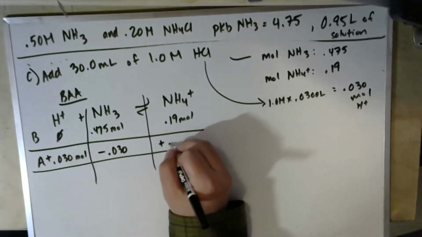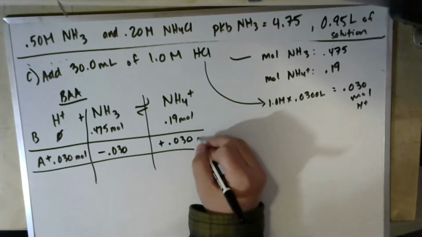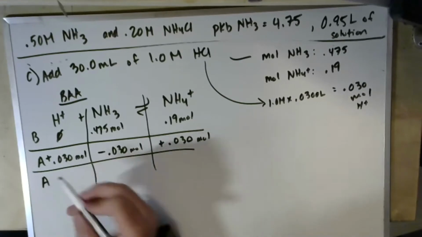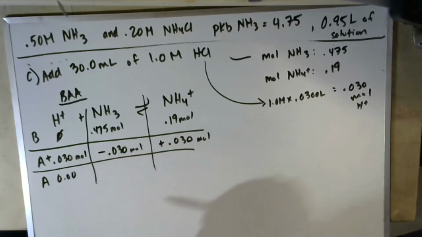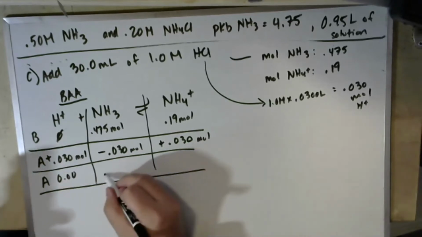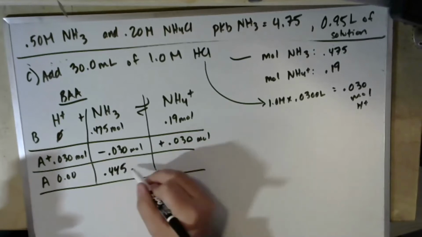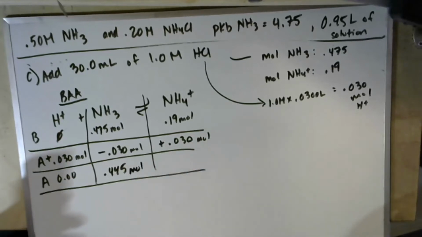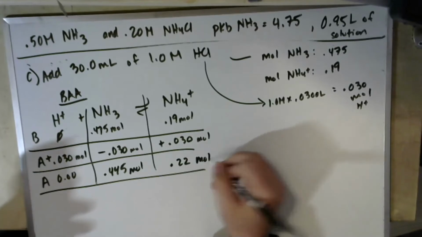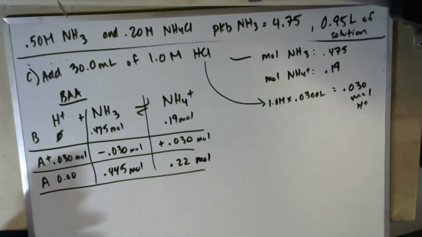So that's going to be plus 0.030. After the addition is over, I'm going to have none of the H+ left, using it all up. I'm going to have 0.445 moles of my NH3 left, and I'm going to have 0.22 moles of my NH4+.